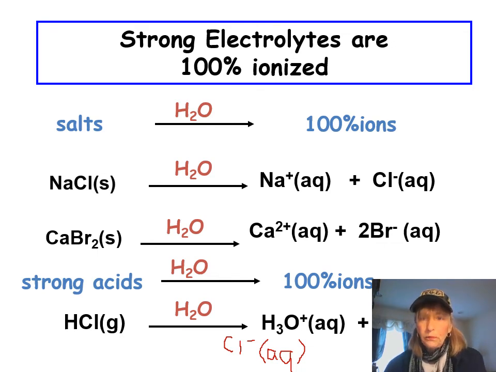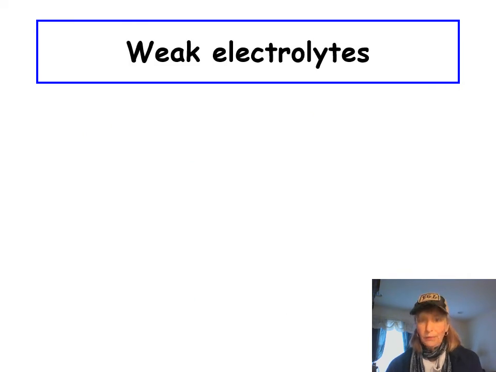All right. So strong electrolytes. Again, what does it mean to be a strong electrolyte? Those kinds of solutes are totally 100% ionized in solution. All right. So the second subtype of electrolyte is the weak electrolyte.